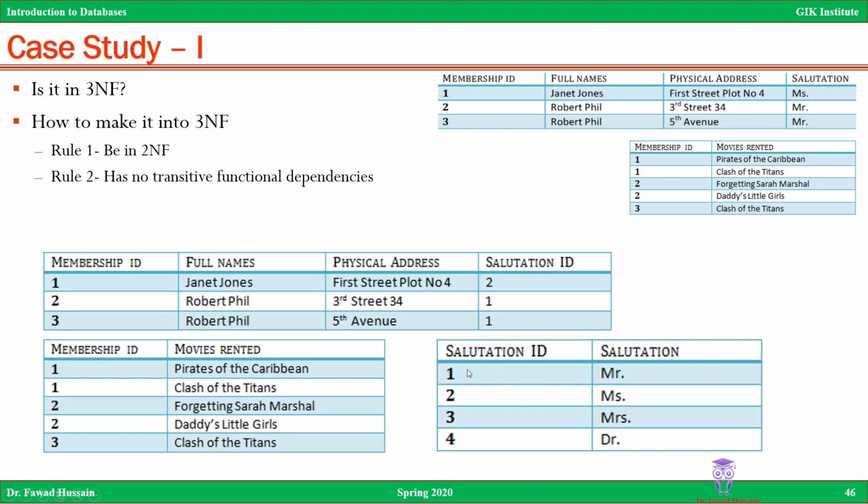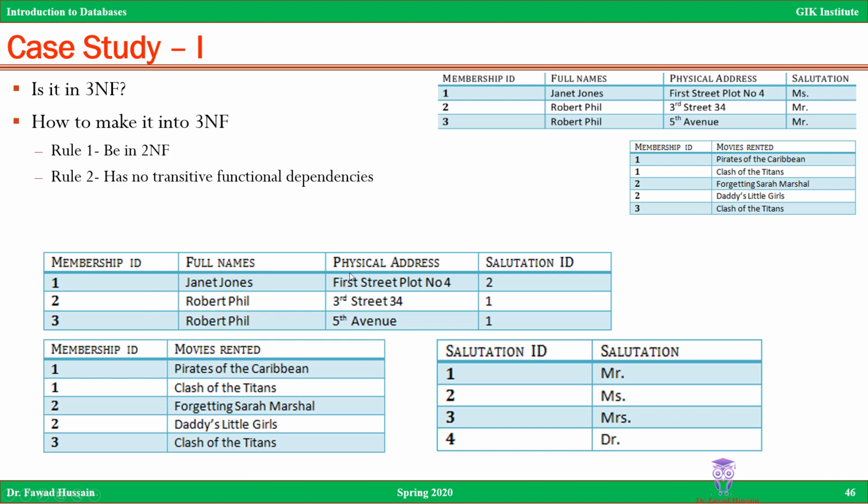Instead, the salutation ID and salutation form the new table, and the salutation ID is being used here. So if a person changes the salutation, then all I need to do is just change the salutation ID, and that's it. I don't have to go and repeat things again and again.